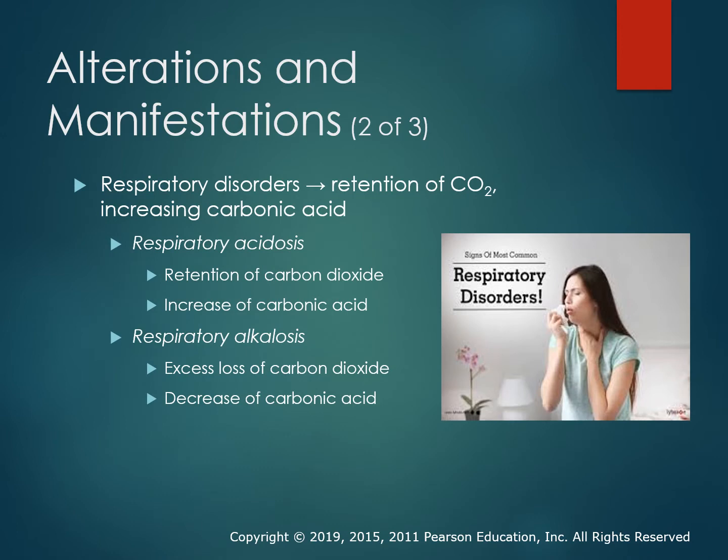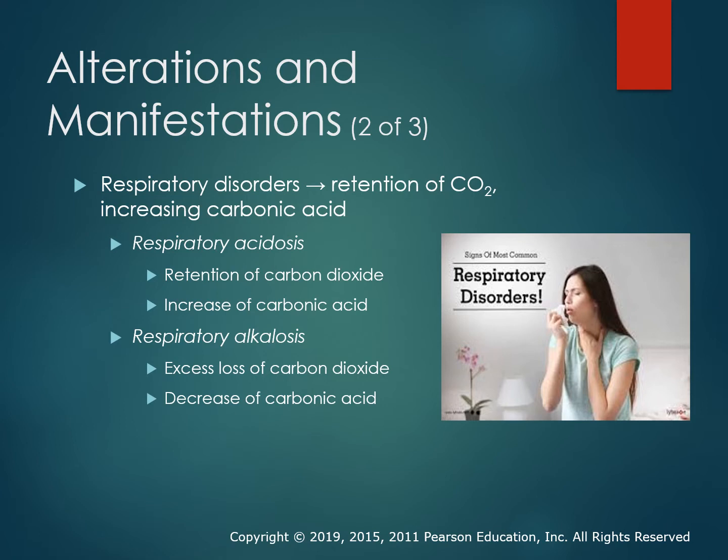In respiratory disorders, the primary change is in the concentration of the carbonic acid. Respiratory acidosis occurs when carbon dioxide is retained, increasing the amount of carbonic acid in the body.